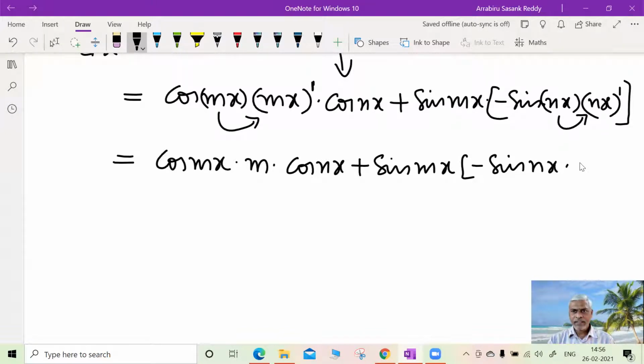Nx differentiation is n. So this minus sign comes in between.